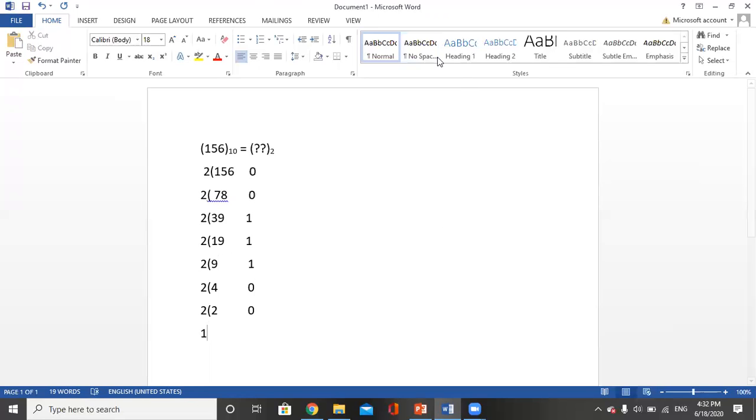Now as we know our के गर्नुपर्छ भनेर, we just have to list the remainder from bottom to top. Okay, now let's see how do we keep it भनेर है त.